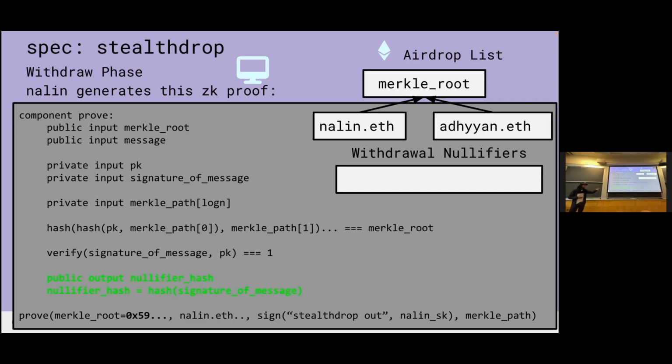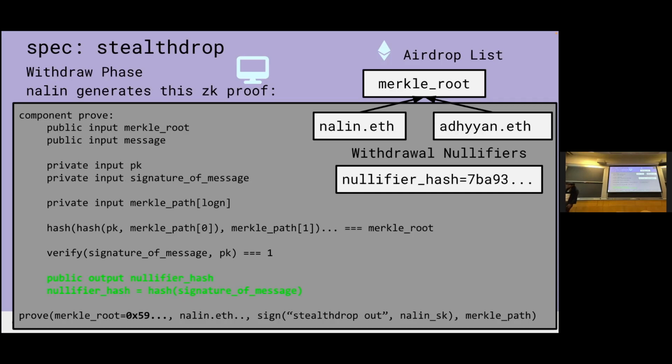If I can use a deterministic signature, I potentially can't generate more than one signature. This should be enough for me to say that I can withdraw once. If I try to withdraw again, I'll sign the same message, and so theoretically I can get the same signature, and maybe the withdraw will stop me from withdrawing again. You can imagine that after running this proof and sending it to the chain, maybe the nullifier hash gets added to this list.